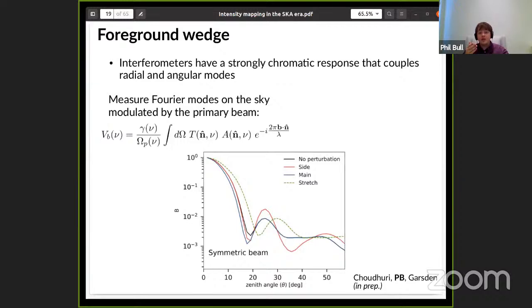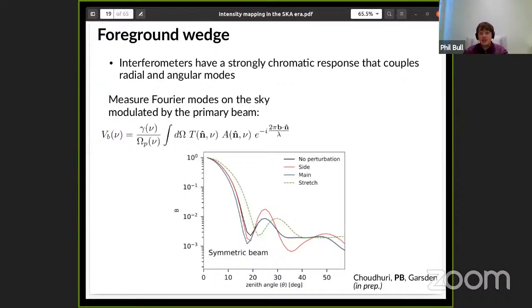And the fact that you have that window function, I'm showing you an example of the window function here in this plot. You can see this primary beam shape. That's quite common. It goes up and down. You have nulls and you have higher bits. The fact that that primary beam function has this complicated structure and depends on frequencies means that it modulates your actual sky signal, the temperature T here, when you take this Fourier transform in the way that the equation shows you.